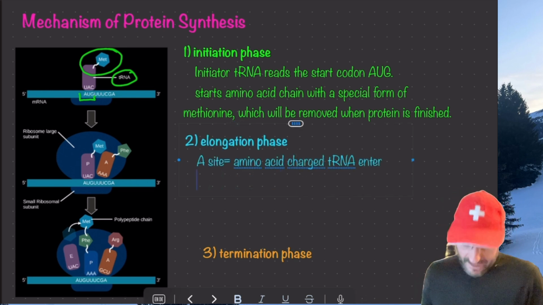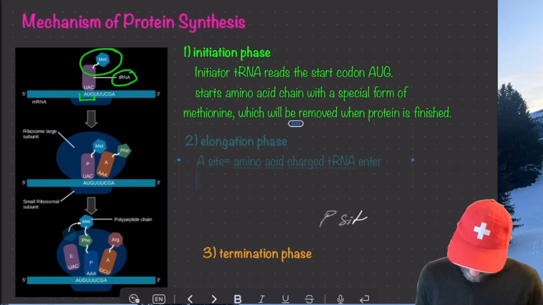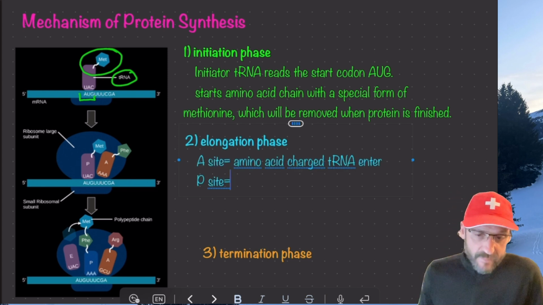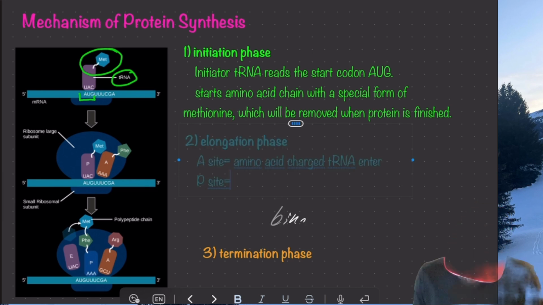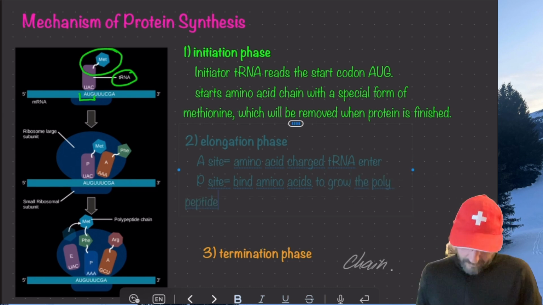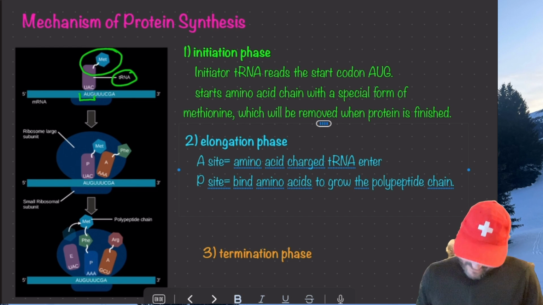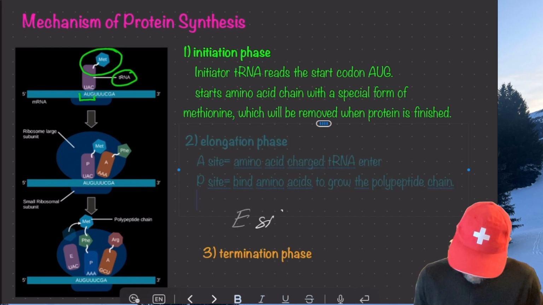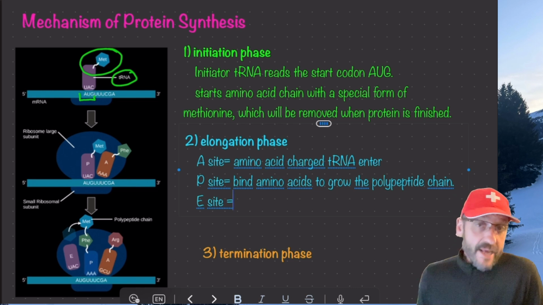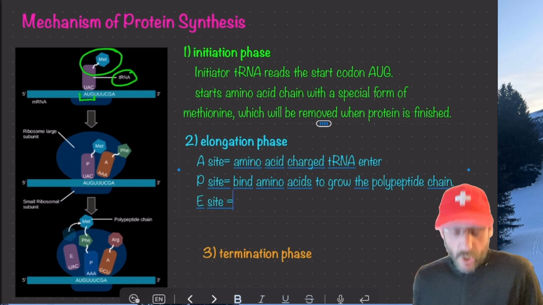Then the P site is where we bind amino acids to grow the polypeptide chain. And then the E site is where the tRNA is released to be recharged.